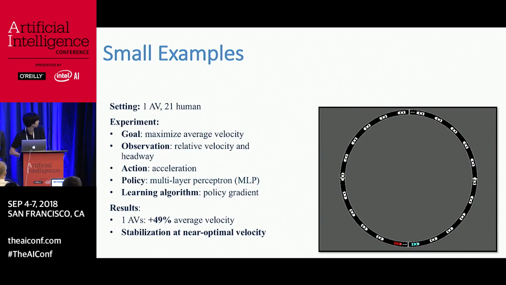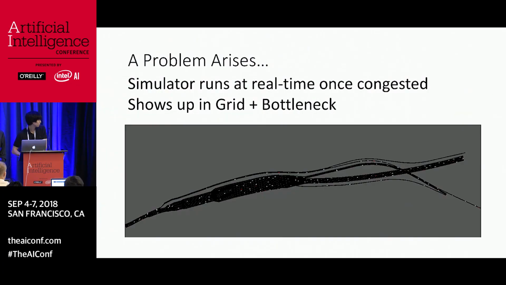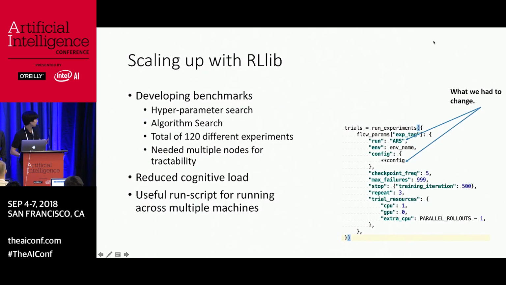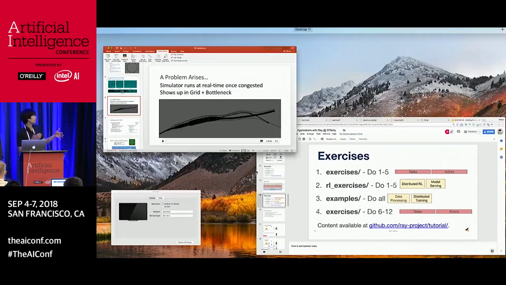So you can have more complex traffic simulators that show traffic bottlenecks forming at natural points of congestion, like this bottleneck right here. And here's a naturally occurring traffic jam that occurs when you have a multi-lane road narrowing.